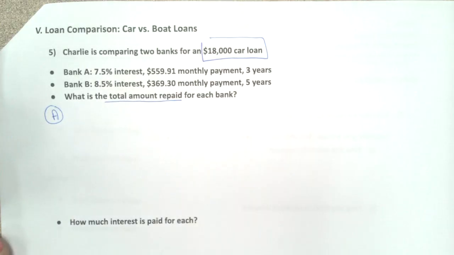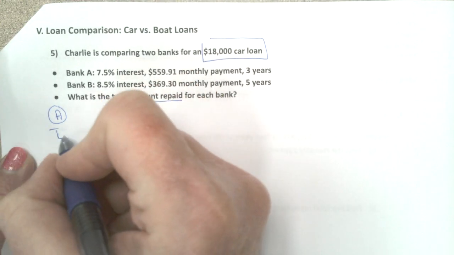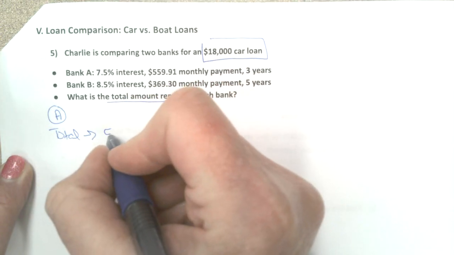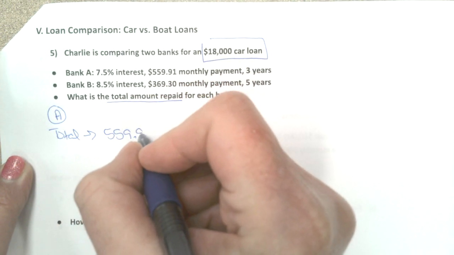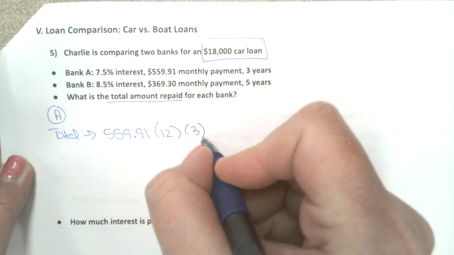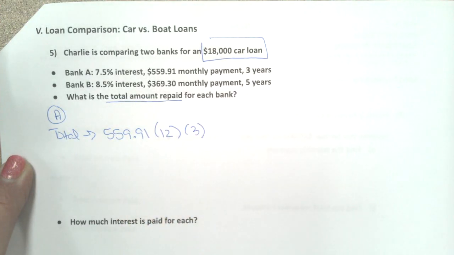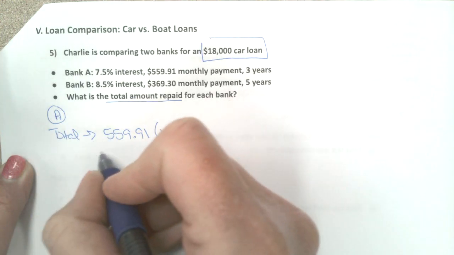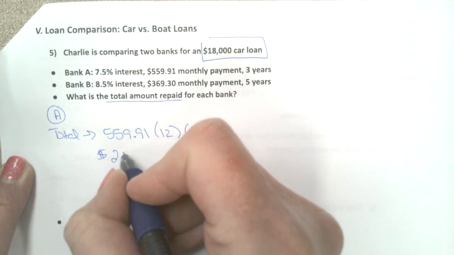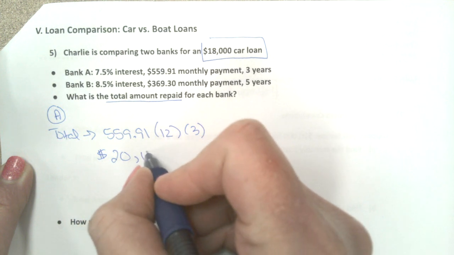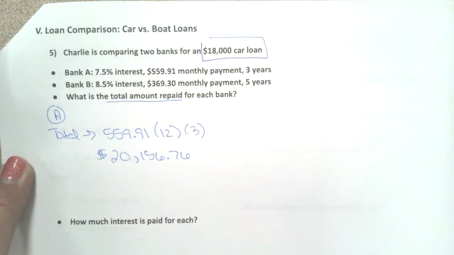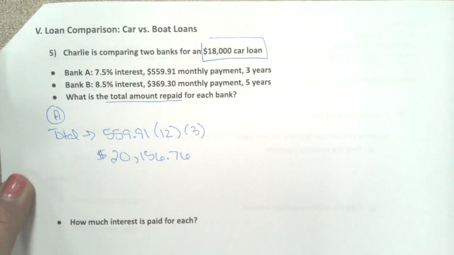All right, so for Bank A, the total that you pay back, I'm going to pay $559.91 every single month for 3 years. So when I multiply those 3 numbers, I will have paid back $20,156.76.